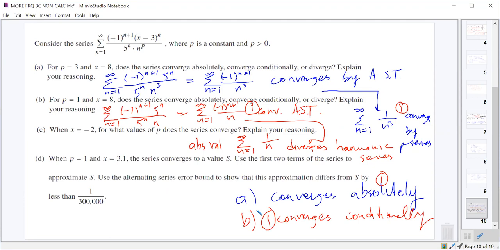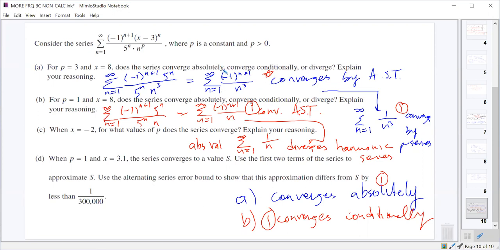Earlier you said it converges absolutely if the absolute value converges. Did you say that? If the absolute value converges, yes, that is the definition of converging absolutely. Okay, so you didn't need to check the first one. Right. I said you don't have to do this. You only have to do this if the absolute value doesn't converge.